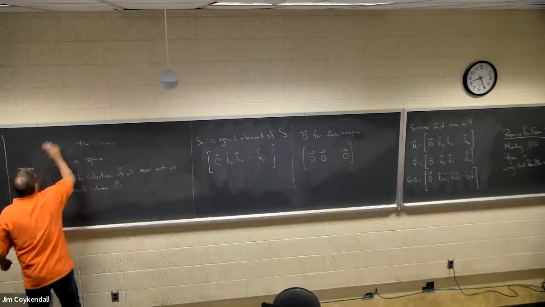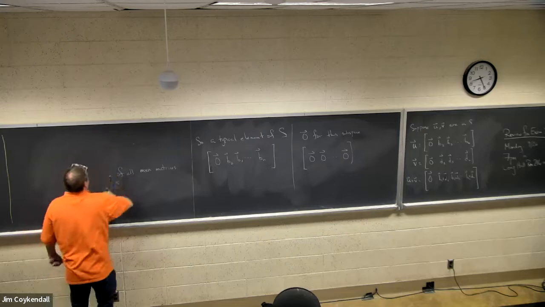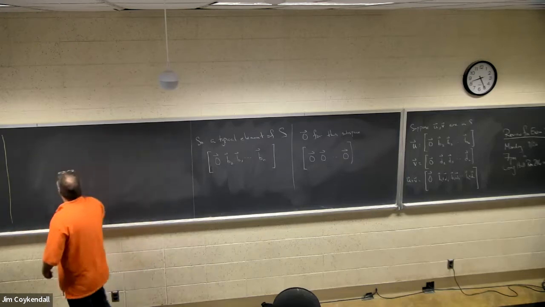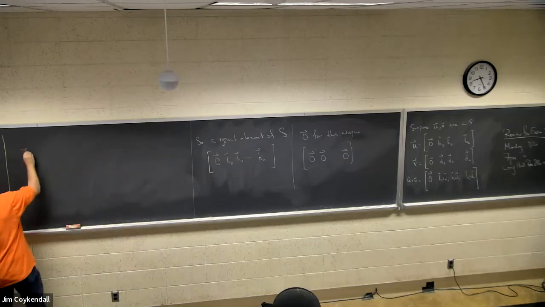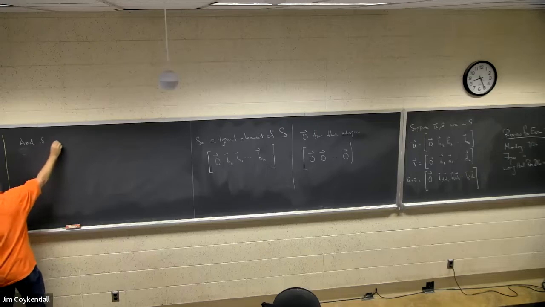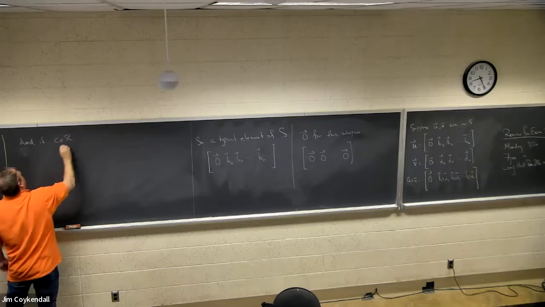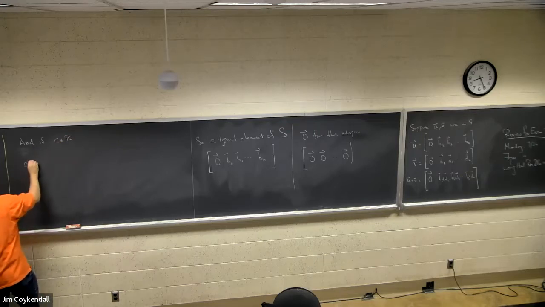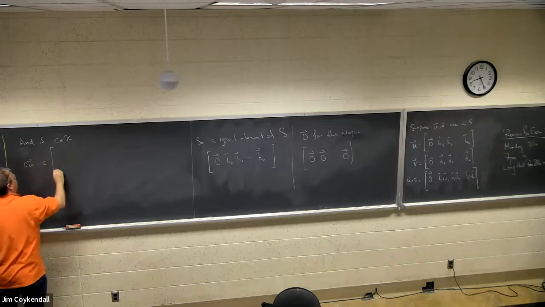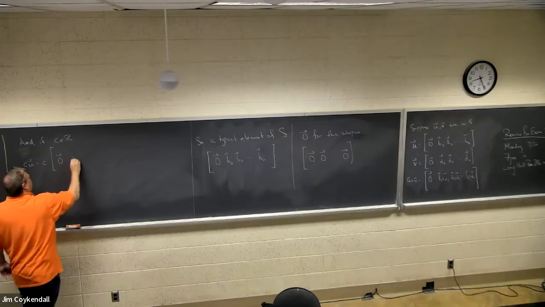And what about scalar multiplication? If C is a real number, then CU is C times the matrix.